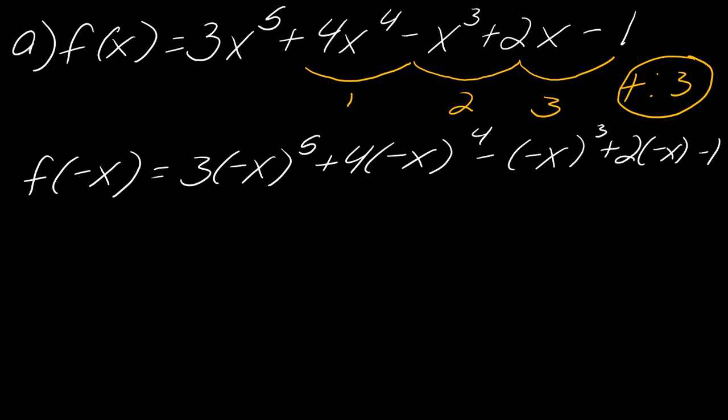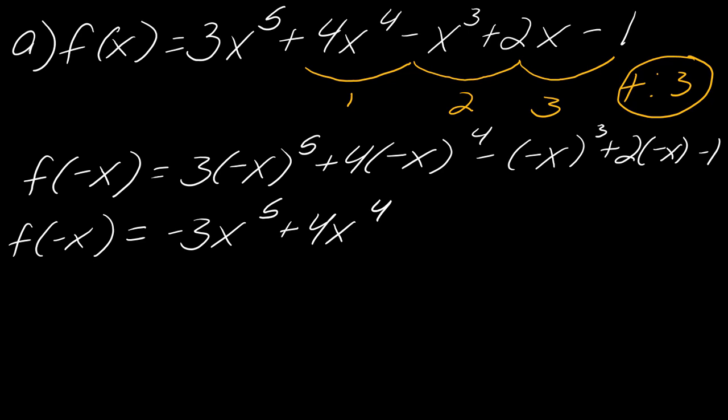Evaluating, negative x to the 5th becomes negative, so this becomes negative 3x to the 5th. Negative x to the 4th stays positive because it's an even exponent, so this will be 4x to the 4th. Negative x to the 3rd is negative, and with the other negative, the two negatives cancel out, so this becomes plus x to the 3rd. Then this is minus 2x minus 1.